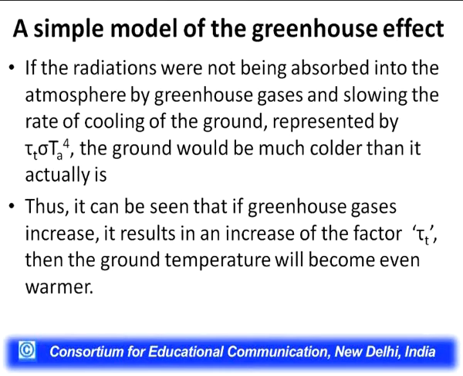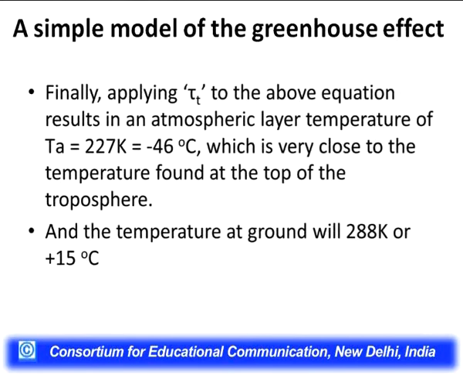But naturally, this should be balanced and the trapping should be constant. Therefore, the temperature resulting from the trapping of the radiation should be constant. Finally, if we apply tau t to the above equation, it results in an atmospheric layer temperature Ta equivalent to 227 degrees Kelvin, which is minus 46 degrees centigrade, very close to the temperature we expect at the top of the atmosphere.